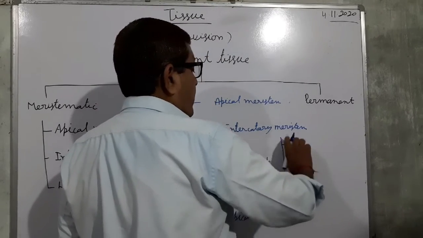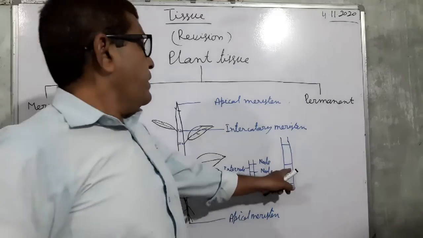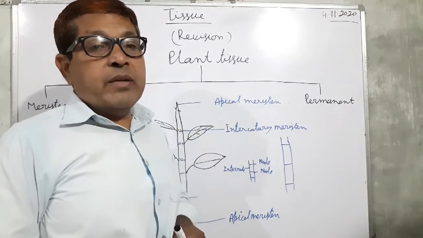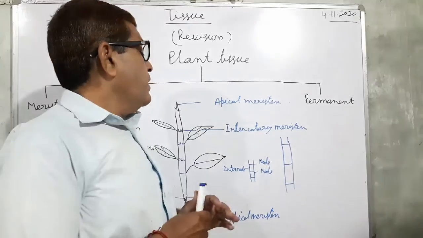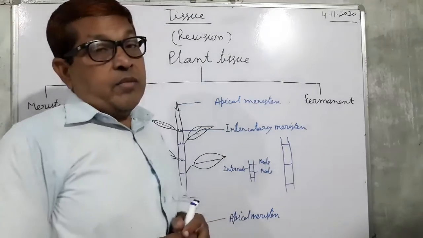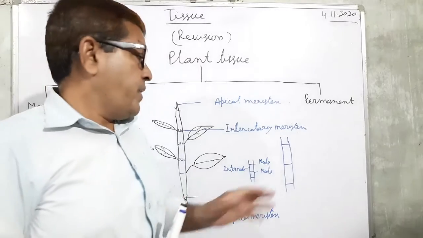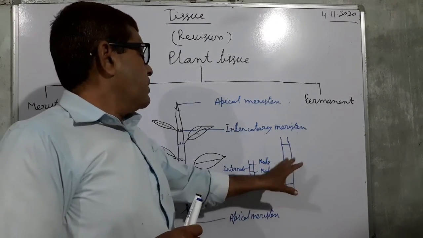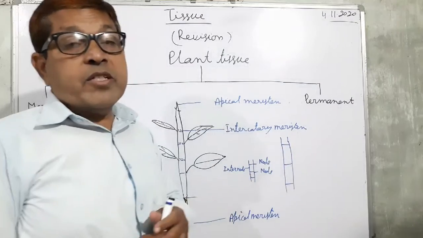It was very small and it becomes very big due to the presence of the intercalary meristem. These intercalary meristems are responsible for the increase in the length or the height of the plant.